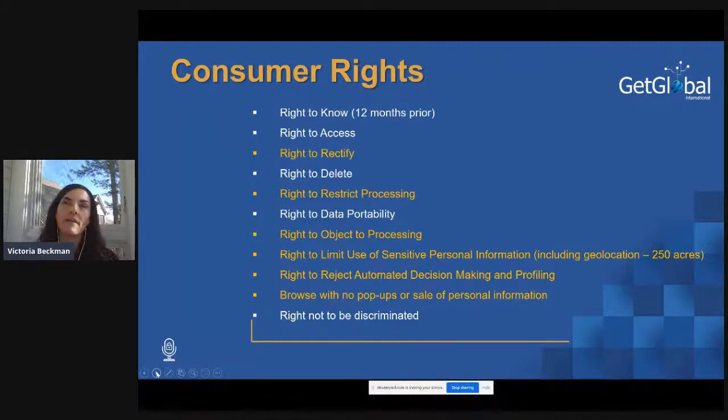So you have the right to ask not to disclose your geolocation at least as close to 250 acres from the consumer. There is the right to reject automated decision-making and profiling, and it has its own definition of profiling. The browse with no pop-ups or sale of personal information, and the right not to be discriminated.